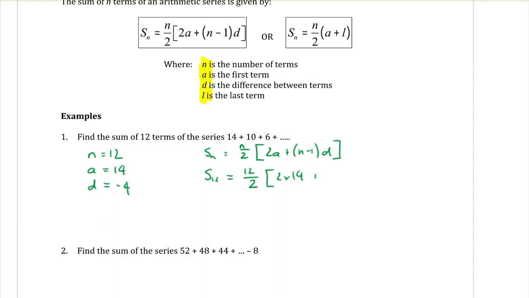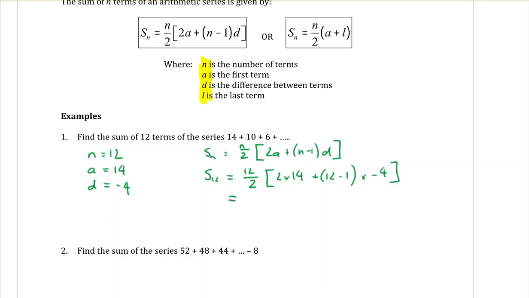And then, where am I up to? 2a was 2 times 14. I'm going to make sure I'm on the right track now. N is 12. Let's do 12, take away 1, and then times d, which is negative 4.